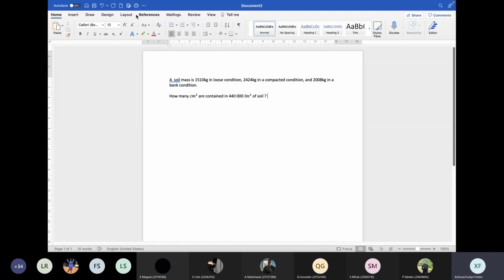You also need to put it in practice and ask, will it make sense? If you need to determine the bank condition from the loose condition, you can't have a bank condition that is bigger than the loose condition, because we're talking about the soil in terms of volume.